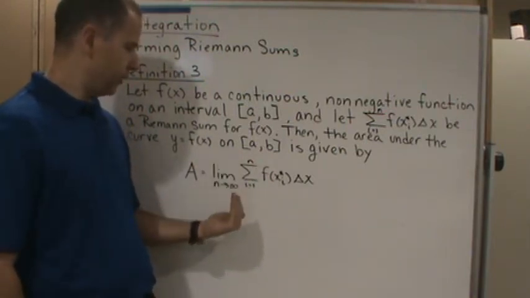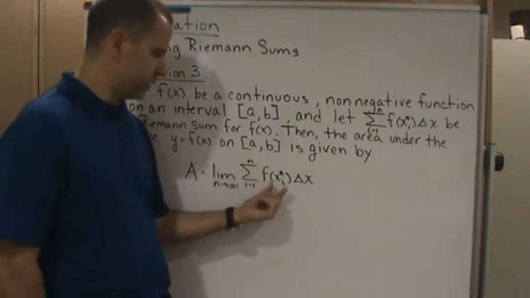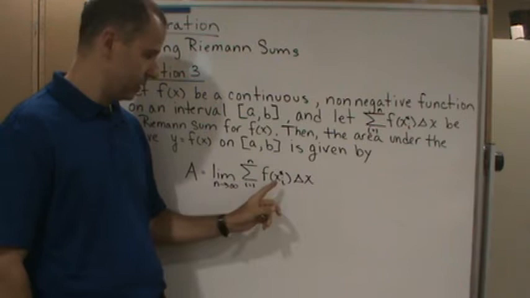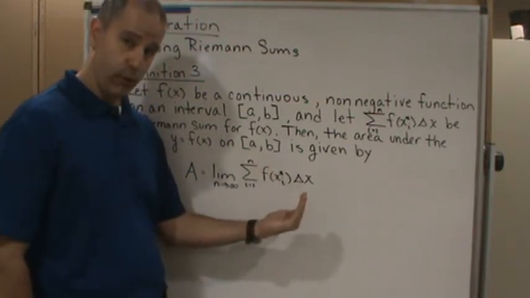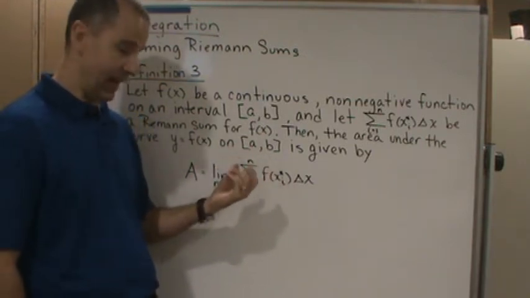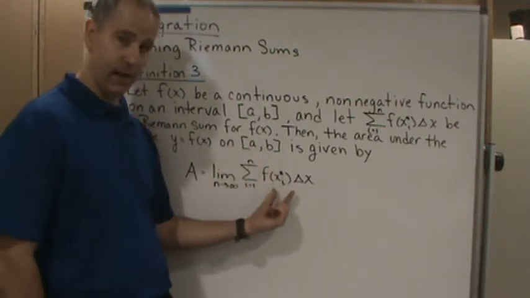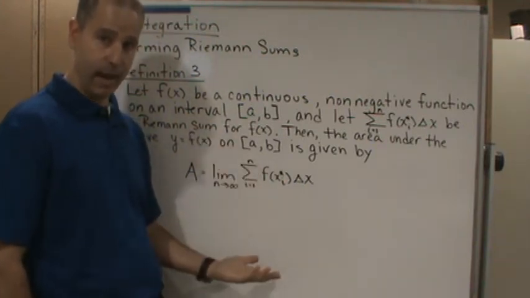The other thing is that the choice of our sample point in the subintervals could give us either an overestimate or an underestimate of the area. As I said before, it turns out that our choice of sample point doesn't matter.